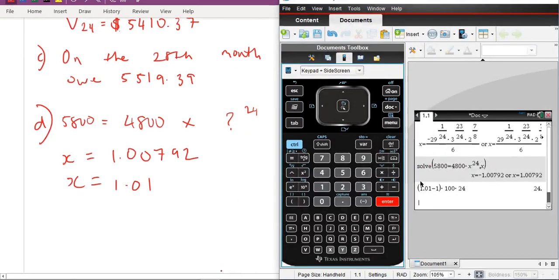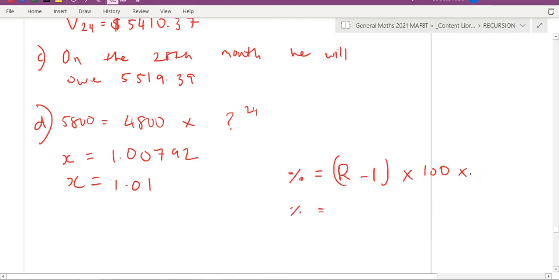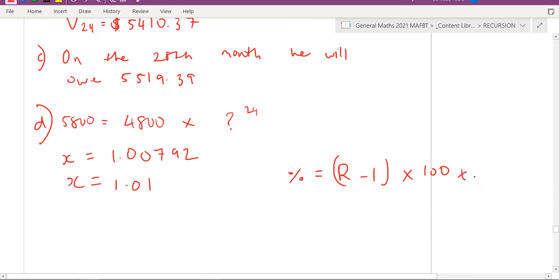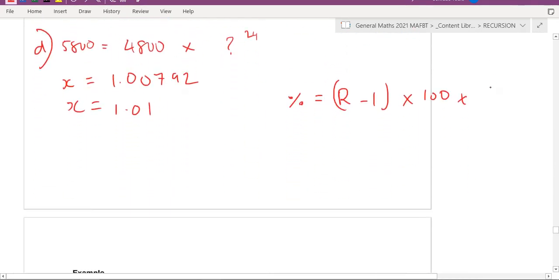How many compounds per year? Sorry, per month. So how many compounds in a year? 24 is way too much. Remember how I told you guys this formula is to find the percentage, but that's if it's an annual rate. How many compounds in a year? In a year, 12. So it should be times 12.